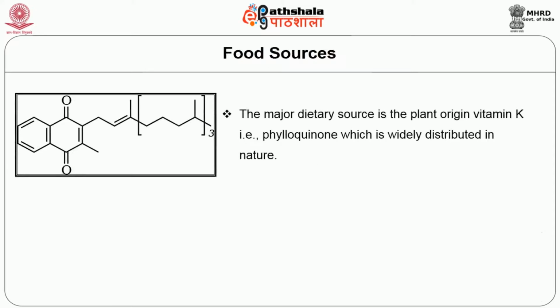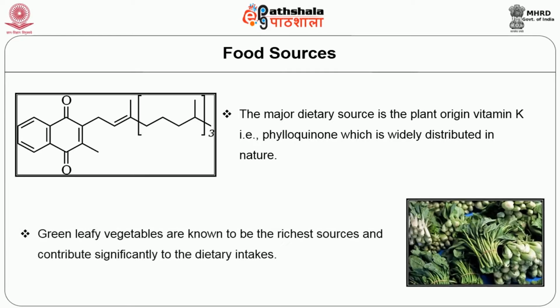Regarding the food sources of vitamin K, phylloquinone is widely distributed in nature. Green leafy vegetables are known to be the richest sources and they contribute significantly to the dietary intakes.